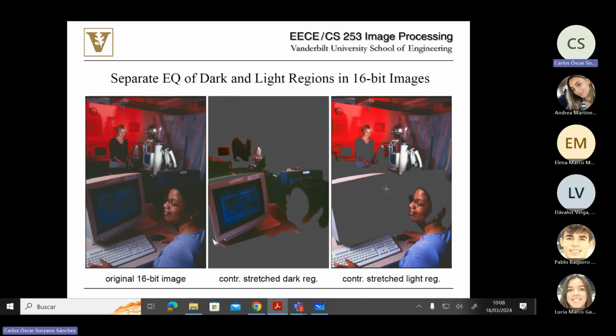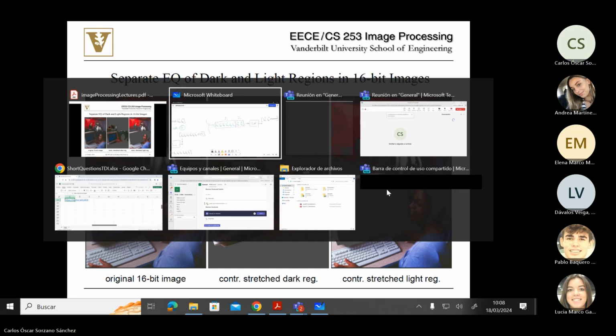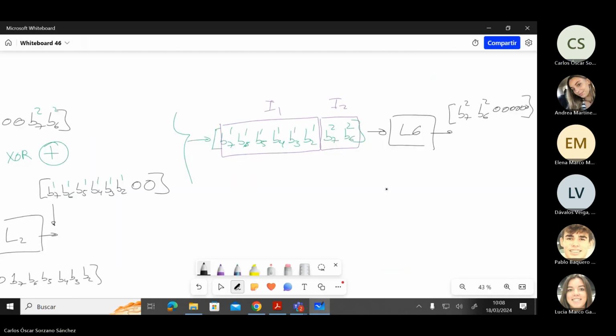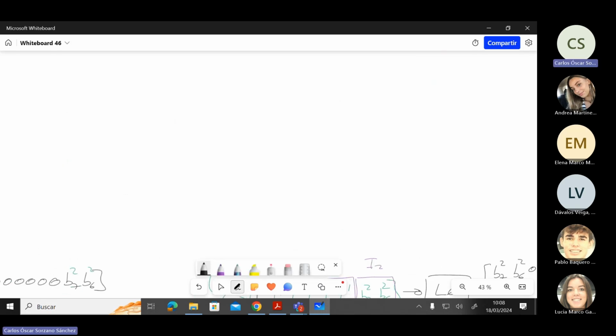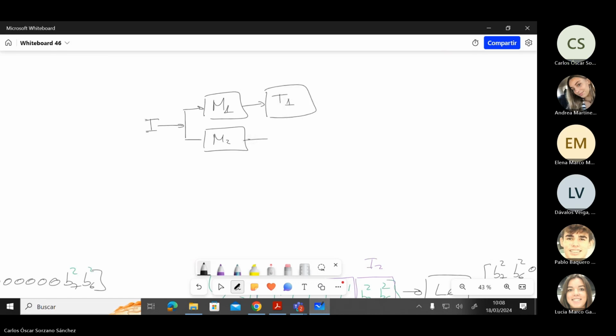So what we are doing now is separating, taking an image, mask 1, mask 2, and in mask 1 you apply one transformation, in mask 2 you apply another transformation.